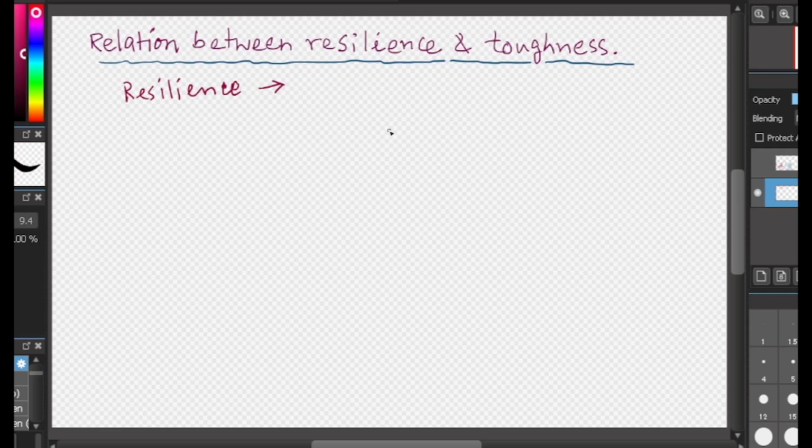So this is very important, that it enables it to resist shock and impact by absorbing strain energy without permanent deformation.